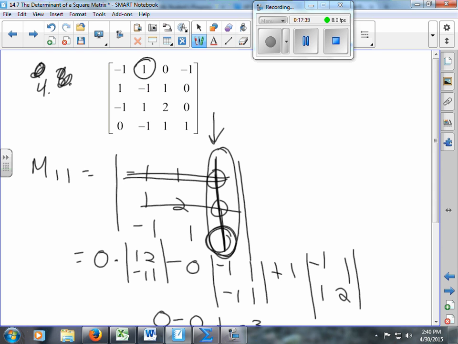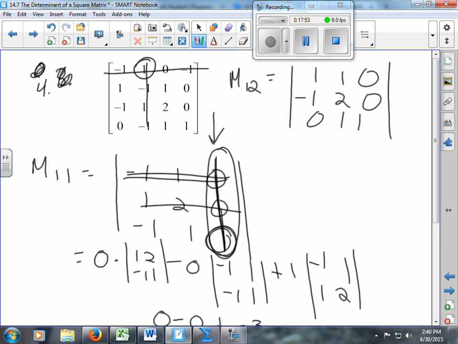Let's work on minor 1 2. So minor 1 2, I'm in row 1, column 2. I'm going to cancel its row and column, and that's the determinant of this 3 by 3 matrix: 1 1 0, -1 2 0, 0 1 1. And so what is the determinant of this 3 by 3 matrix? Well, I pick any row or column. So let's pick column 3 again.